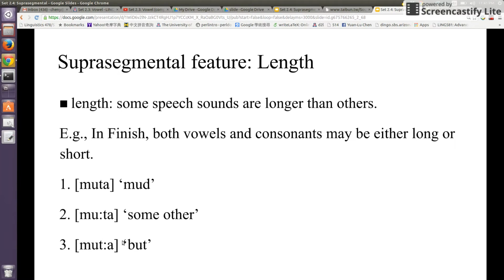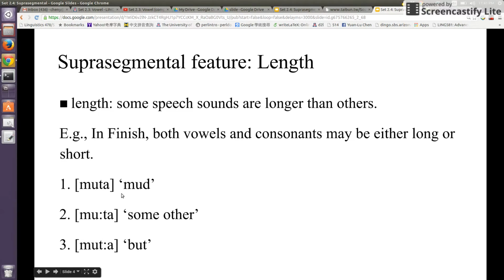Length first. Some speech sounds are longer than others. In Finnish, both vowels and consonants may be either long or short. This is a set of Finnish examples.